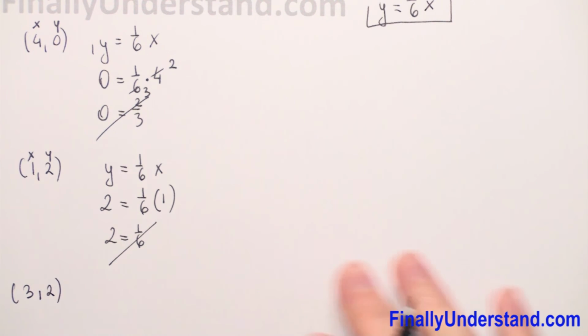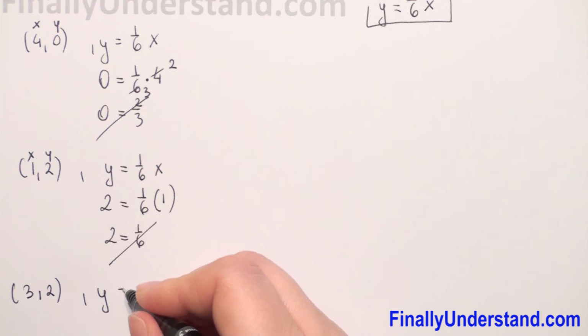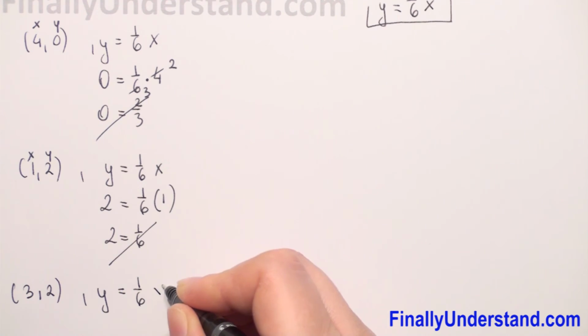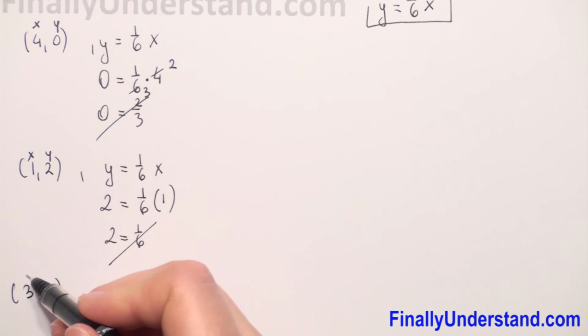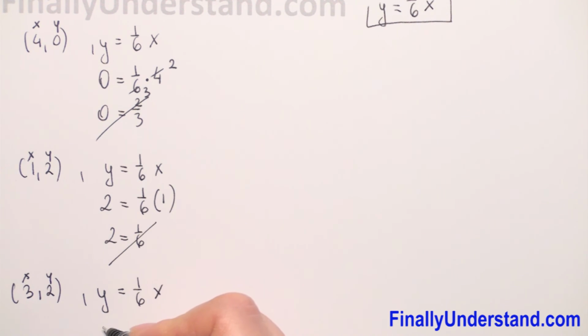And the third point has coordinates 3, 2. Let me copy again the formula of our line, 1/6 times x. So x is 3 and y is 2. We substitute y by 2, we copy 1/6, and x is 3. 6 and 3 we can reduce, so we get 1/2.